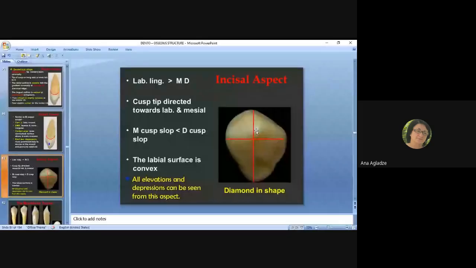Then you can see the mesial cusp slope tip. You can see the labial surface is convex. And this cusp tip is directed toward labial surface and mesial surface. Yes.